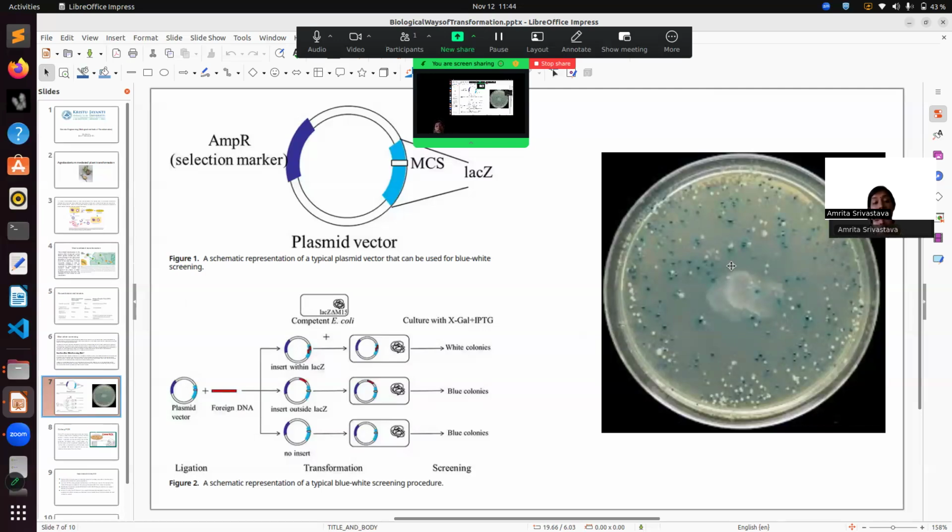So to ensure that we are only selecting those regions where the transformation has successfully occurred, we have a selection marker gene also. Here we have an ampicillin resistance gene.